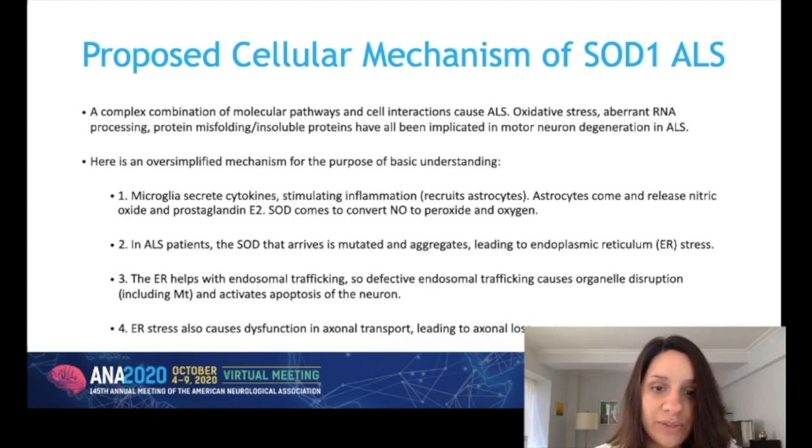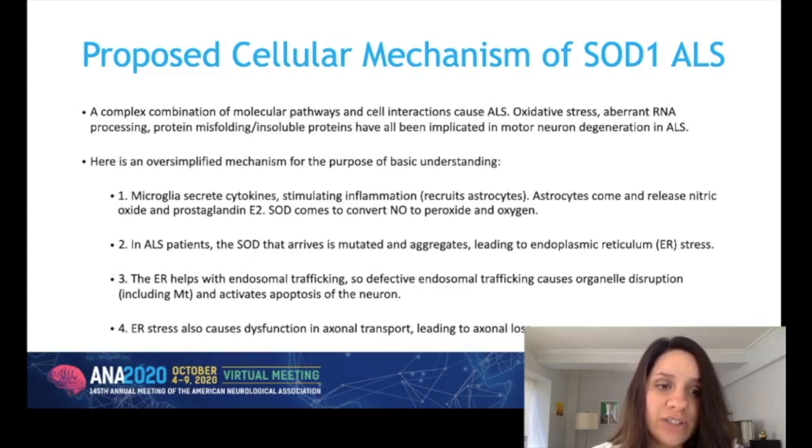The endoplasmic reticulum also traffics endosomes, and this can cause disruption in the function of organelles. This includes the mitochondrial disruption, which activates apoptosis of the neuron.